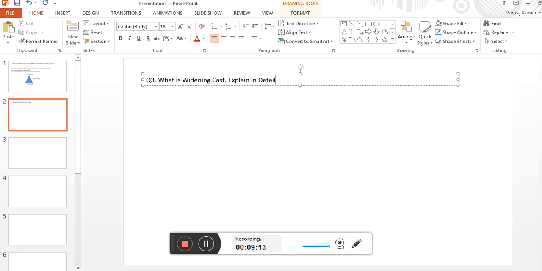So what is widening cast? Widening cast is just the opposite of narrowing cast.